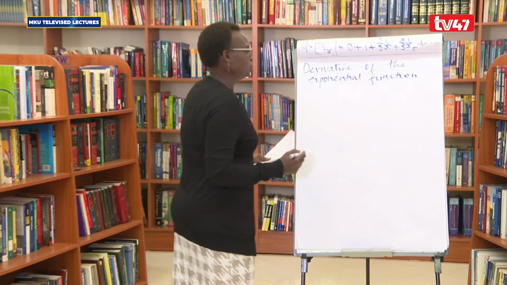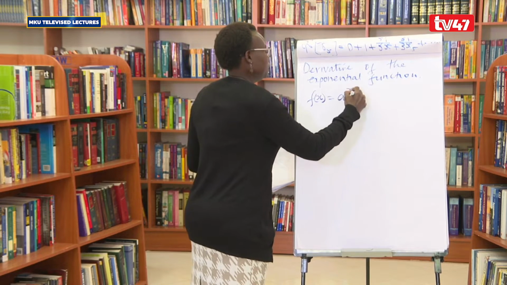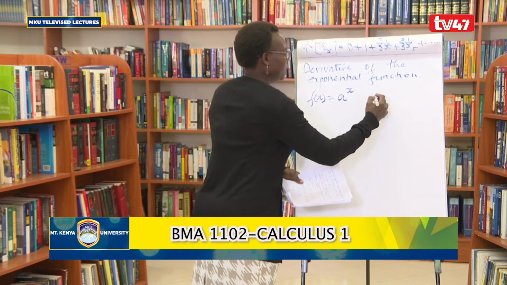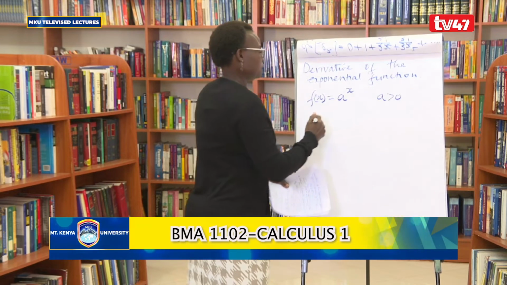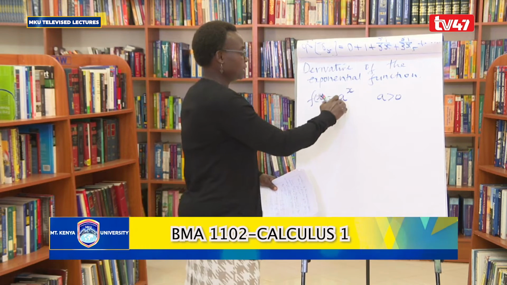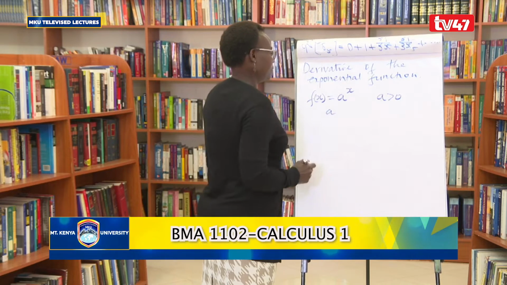And the exponential function is the function f of x is equal to a raised to power x, where a is the constant. So a is greater than 0, of course, and then x is the exponent and a is a constant.